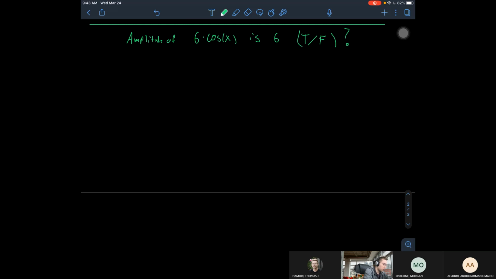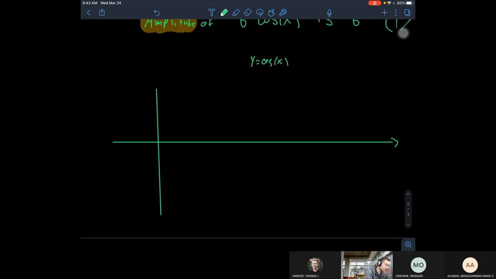Okay, do you remember what the amplitude of a periodic function is, just in general? It doesn't have to be a super specific answer. Is it like the height of it? That's right, it is the height of it. So if we were to draw a trigonometric function, let me first draw y equals cosine of x.